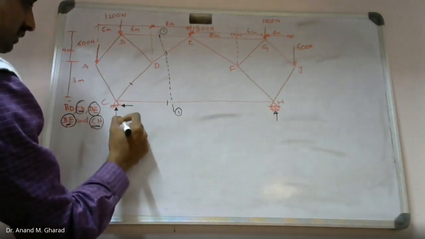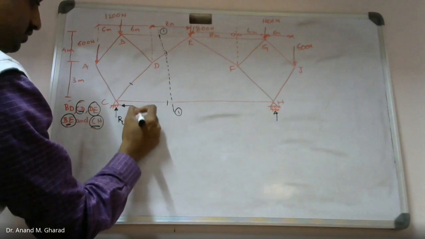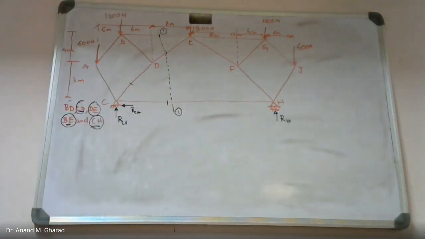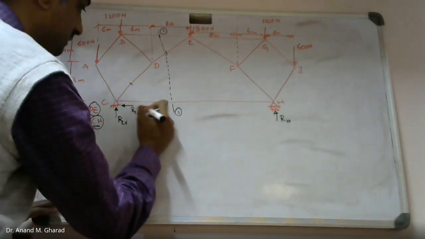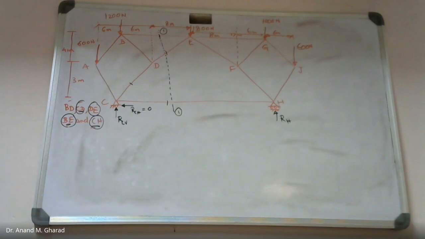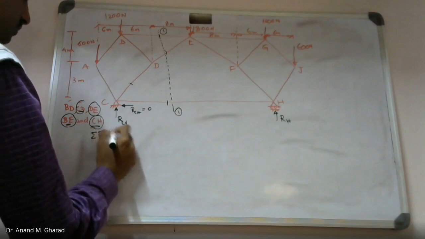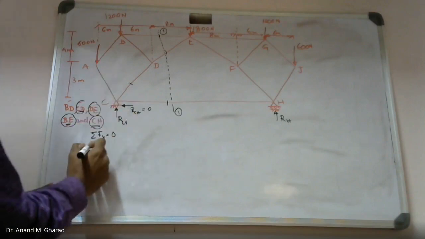So this is RCV, RCH. This is RH. Naturally, since there is no horizontal force involved, RCH will be 0. Summation of force in x direction. Summation of forces in y direction equal to 0. You please formulate the equation.